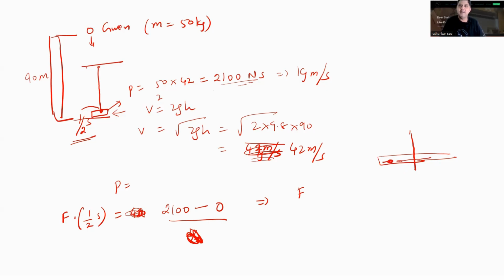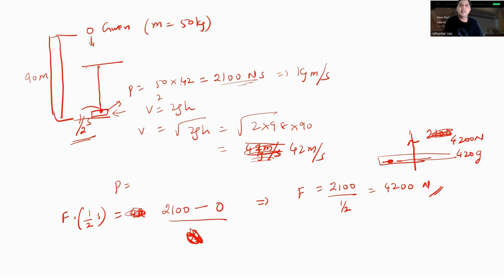The force that acted here should be equal to 2100 divided by half, which is 4200 Newton. 4200 Newton should now be equal to 420 times G, taking the G value equal to 10.